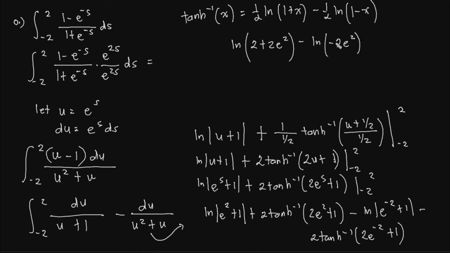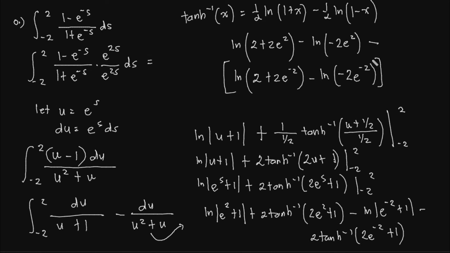Okay, and then if you try to evaluate this further, so we can say na we have minus, ito yung portion na ginagawa ko, so minus ln of 1 plus x, so that's 1 plus 2e raised to -2, so that is +2 plus 2e raised to -2, and then of course you subtract the natural logarithm of using this 1 minus x, so that is 1 minus this expression, so that becomes -2e raised to -2.